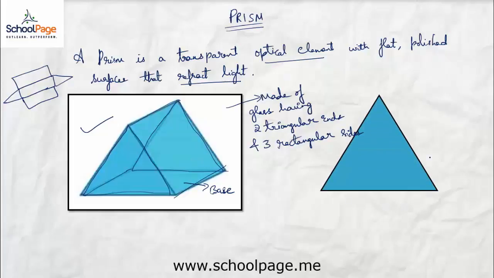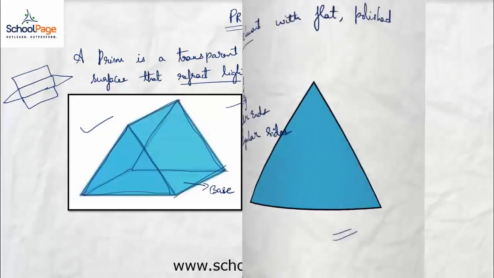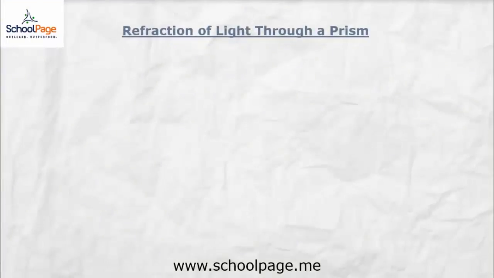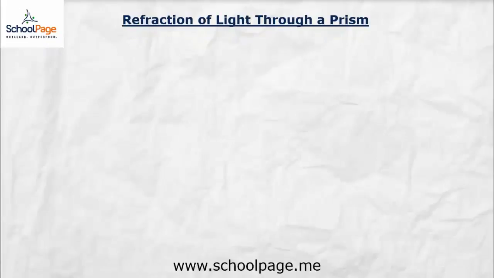So this is how a prism can be represented to draw a ray diagram. Now let us study the refraction of light through a prism. In our previous chapter, we have already studied how light gets refracted through a rectangular glass slab. So now let us understand the refraction of light through a prism.